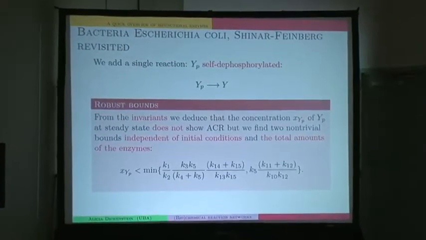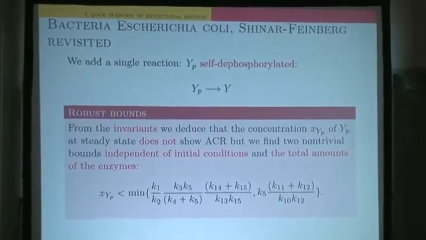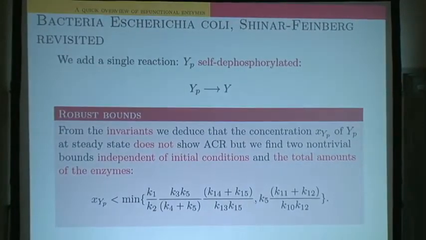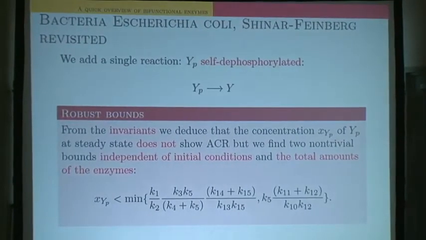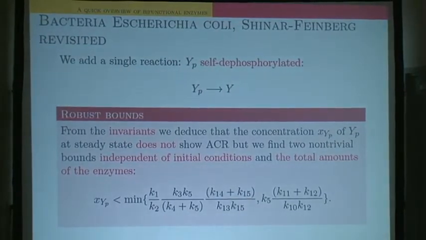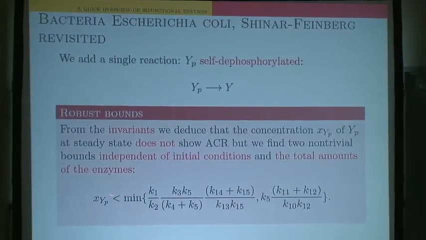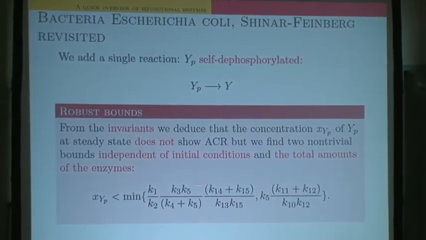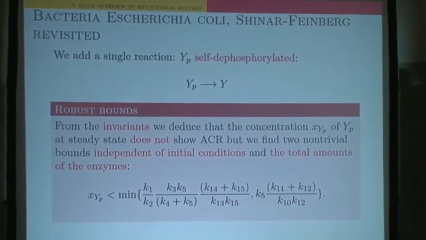Then we found invariants which allow us to say that when there is no absolute concentration of it, it's not true that the value of this species at steady state is constant, but it is bounded by something that depends on the rate constants but does not depend on the initial conditions. So we still get a robust bound.